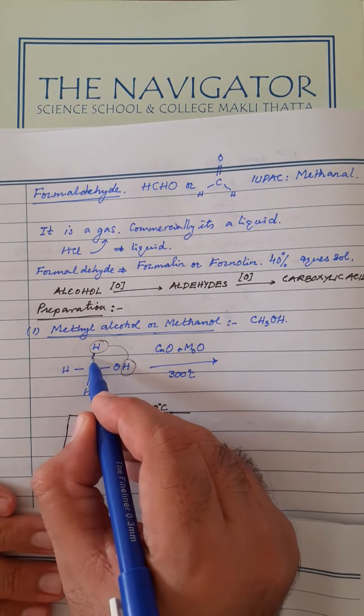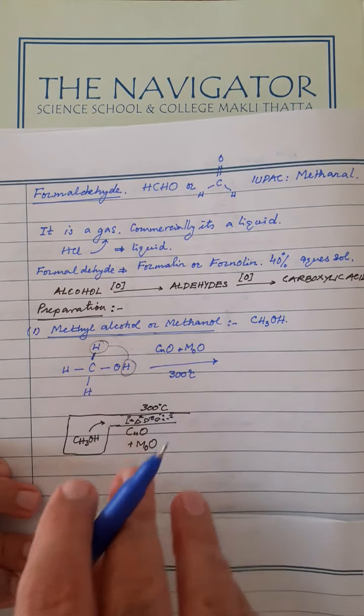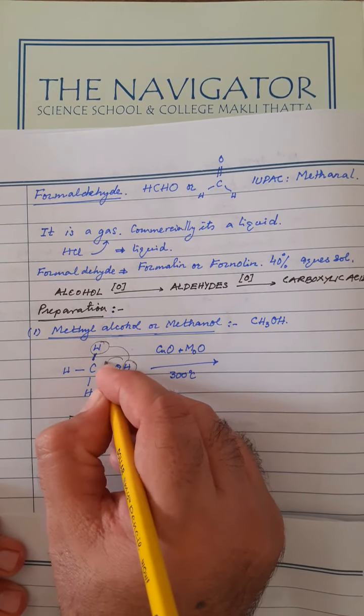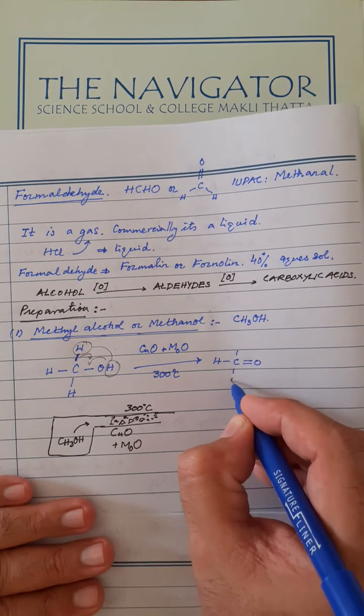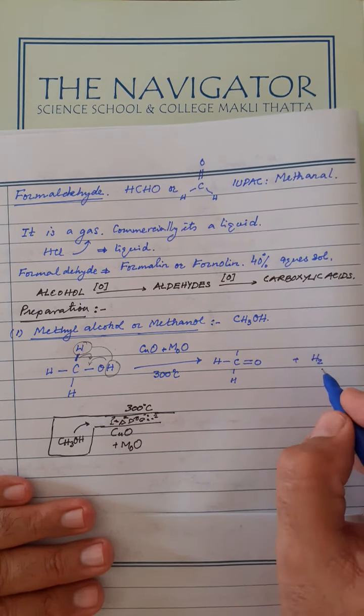This bond and the bond with the oxygen will be free. They will overlap over this sigma bond, right? And you will see H, C double bond O, and H, plus H2. Right? Now H2 is gas. Formaldehyde is also gas.